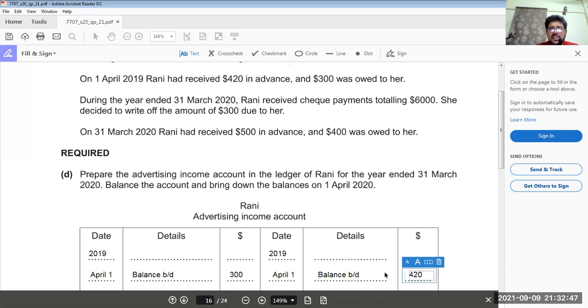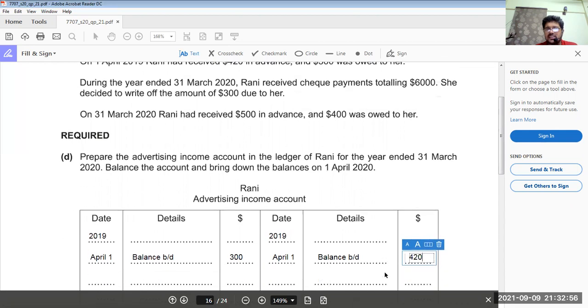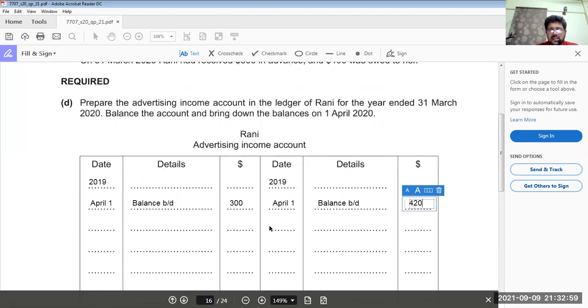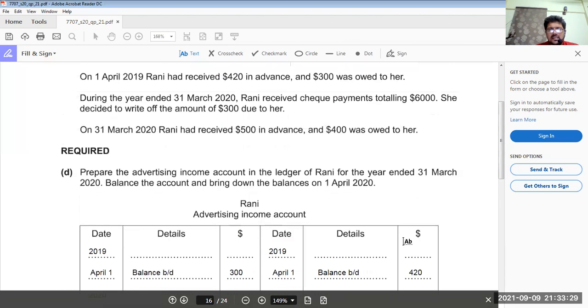During the year ended 31st March 2020, Rani received cheque payments totaling 6,000. She decided to write off the amount 300. These are two transactions. Now see, 2020, March 31st, bank, how much amount? 6,000.